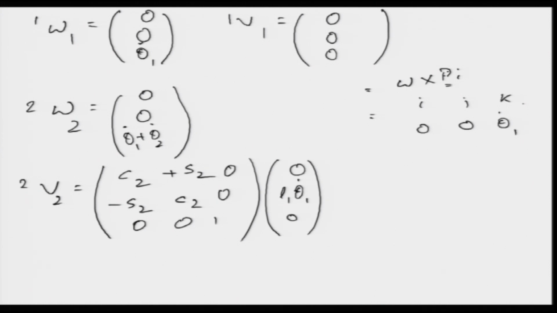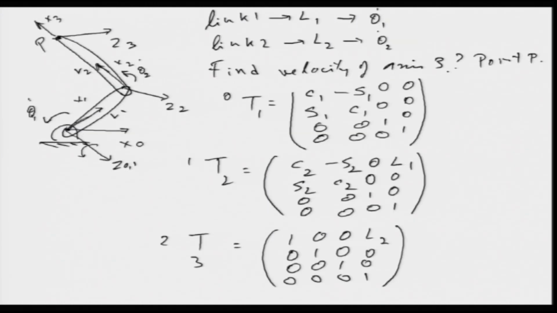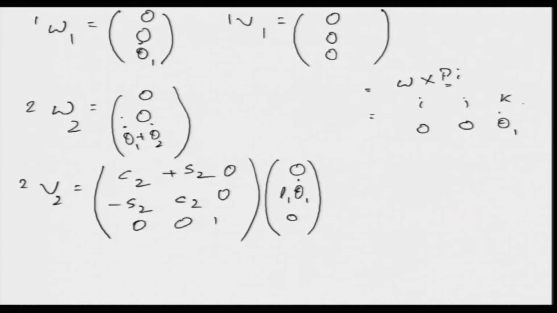Pi is the distance between the two axes. So, pi is the distance between this origin and that origin, which is L 1. Okay. So, this is becoming L 1 in the x direction. So, it comes out like this, and if you do this, what we will be getting is this term, right. So, what we will be getting is 0, L 1 theta 1 dot and 0. That is how we have got it.